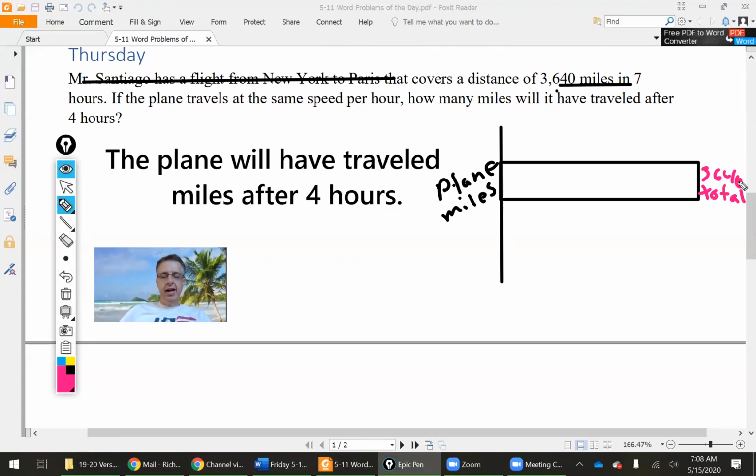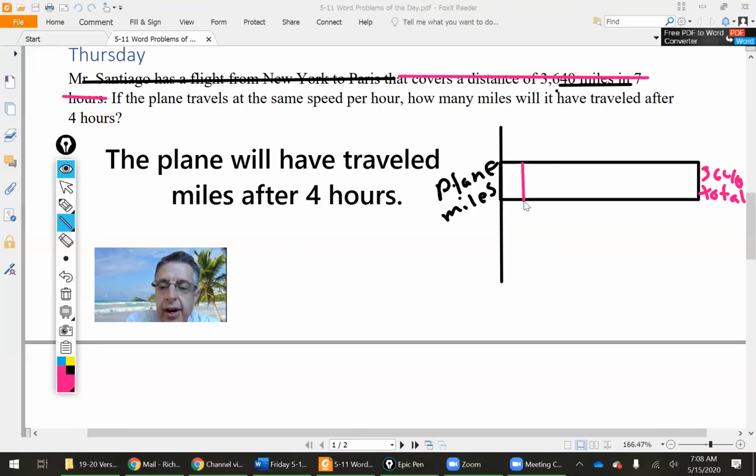And then I'm going to go ahead, and it also says 7 hours. I'm going to need that because I'm going to use that 7 and divide up my 3,640 into hours. So I'm going to try to make it as best I can here. I'm going to put this up so it's a little bit easier. And I'm going to divide this up into 7 pieces as best I can.